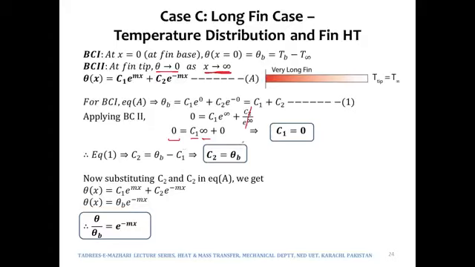So therefore C1 would become 0, and when C1 becomes 0, equation 1 would imply that C2 is theta b.